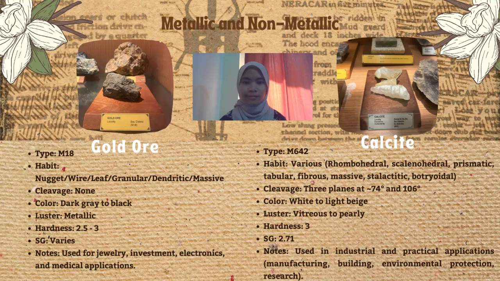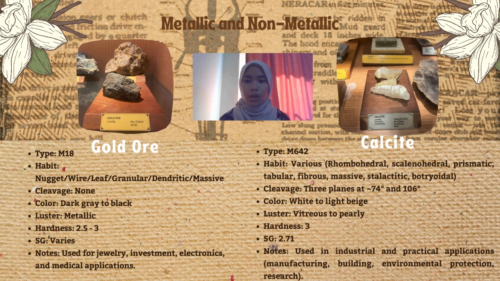metamorphic process. For minerals, there are three types of it, which is metallic, non-metallic, and precious. I will talk about metallic and non-metallic. For metallic, we found gold ore, which has dark gray to black color, and luster of metallic with hardness of 2.5 until 3.